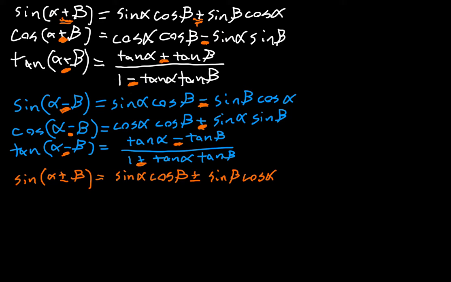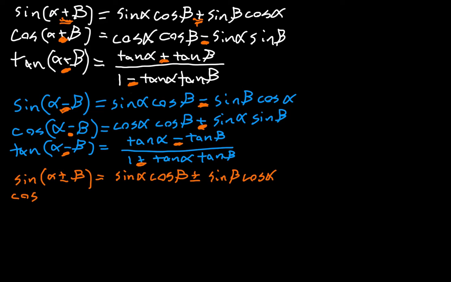So basically these plus or minus signs read from the top down. When the first one is plus, then the other one is plus because the plus is on top. Now you're going to see the opposite in a moment.